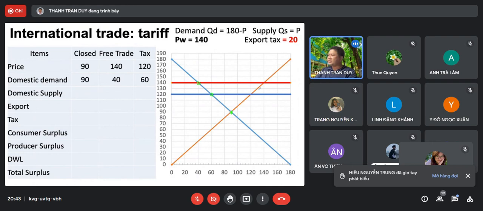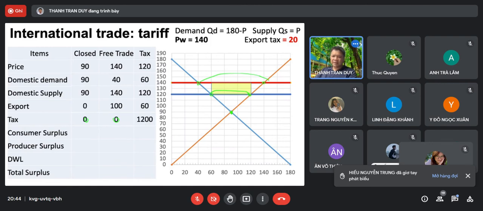Domestic supply will be 90, 140, and 120. So in this closed economy, no export; with free trade, we export this amount, 100; and with the tariff, even the export tax, we will export 60. Now, if we have a closed economy, no tax; free trade, no tax; and if we export, the government can collect this one.